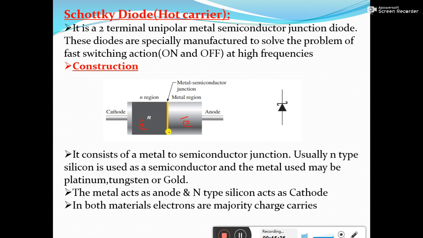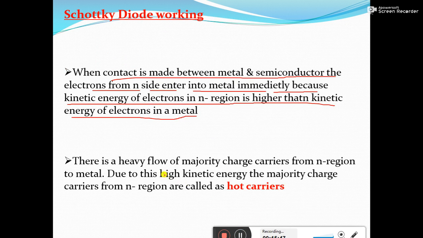So whenever the junction is formed, due to the high kinetic energy, the electrons move from the cathode region to the anode region, or you can say N region to metal region. There is a heavy flow of majority charge carriers from the N region to the metal. Due to the high kinetic energy, the majority charge carriers from the N region are called hot carriers.